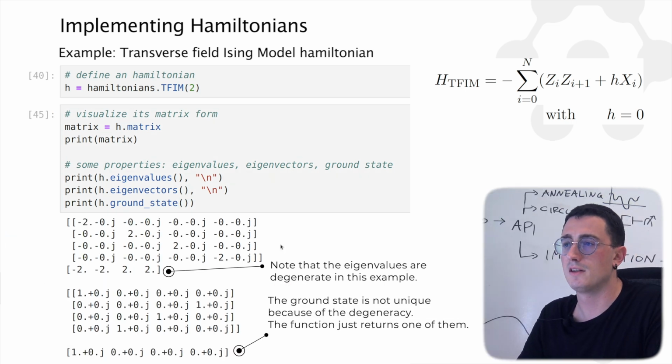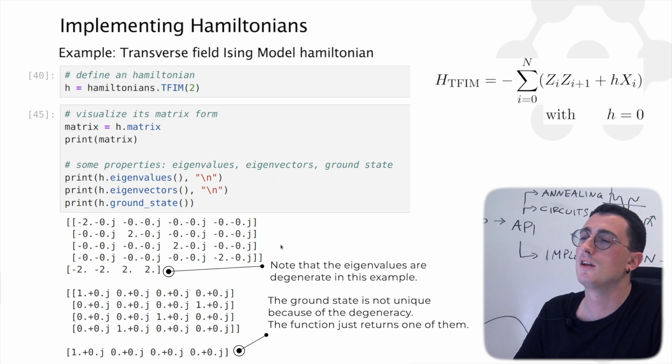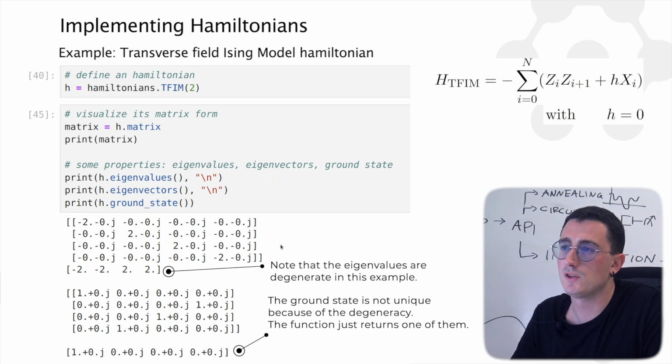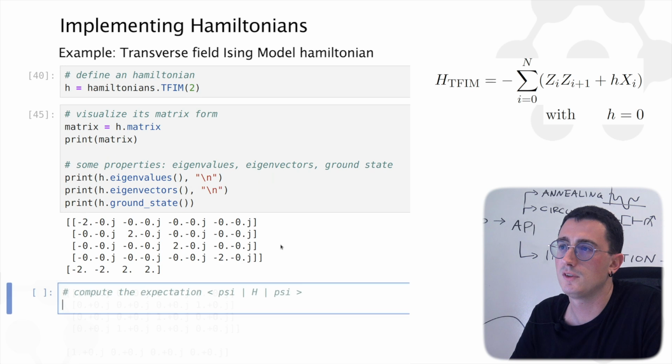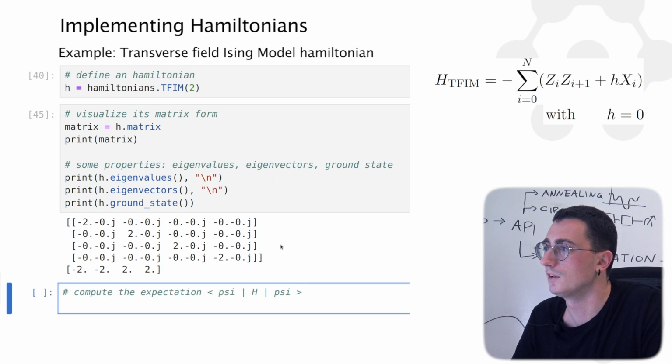Finally, we can put everything together and we can try to compute the expectation value of this observable, so this kind of Hamiltonian, over the final state we get if we execute a quantum circuit. In particular, we can use the quantum circuit composed of rotations we defined above.